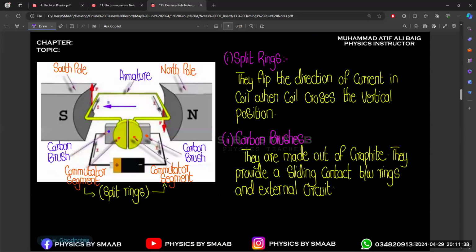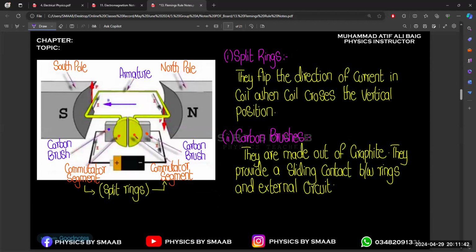And then we have the concept of the DC motor, and we know how the DC motor works. We have split rings, and in the split ring there is a split between the ring. And why is there a split? Because in the horizontal position, the coil rotates with maximum force, but in the perpendicular position, there will be a minimum turning effect or minimum torque in the coil. So to continue the rotation, we keep the gap in between.